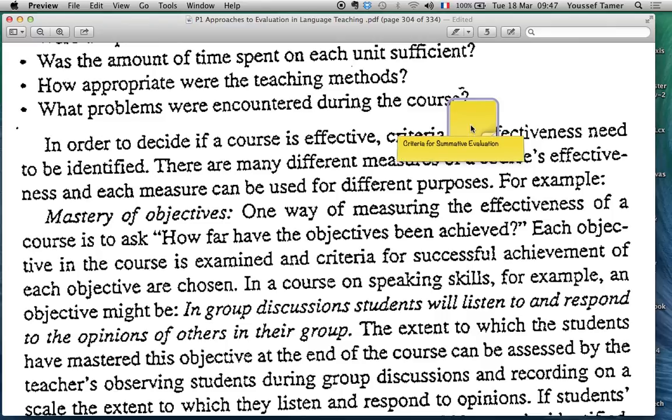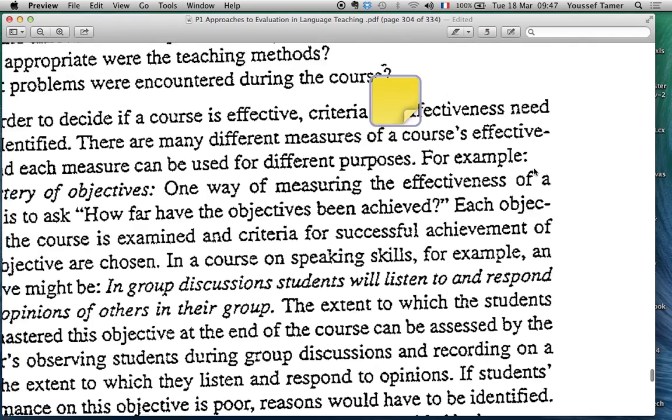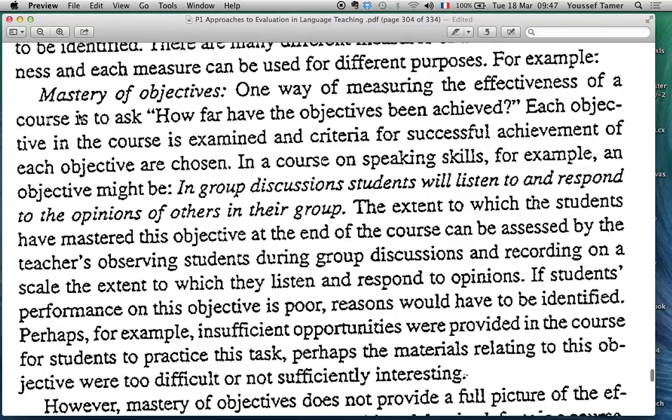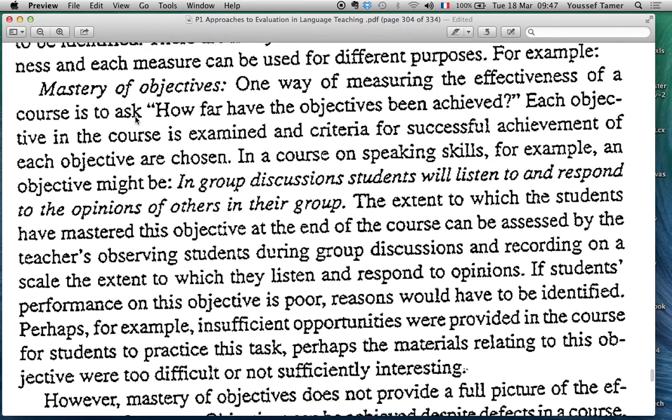Criteria for summative evaluation. So here we start talking about the criteria. Now, concerning the criteria, first one, mastery of objectives. Did the students master what you have been teaching them?